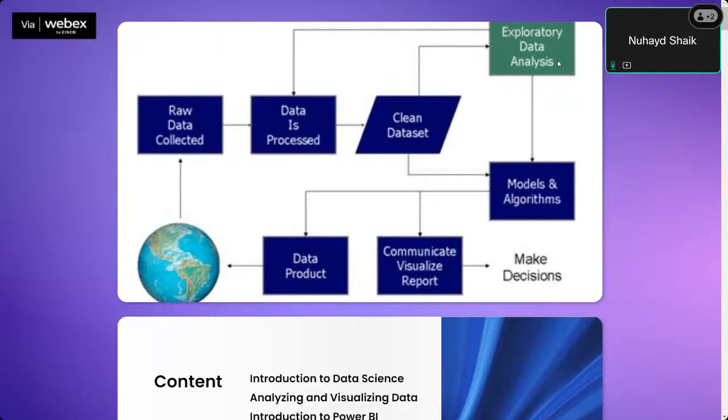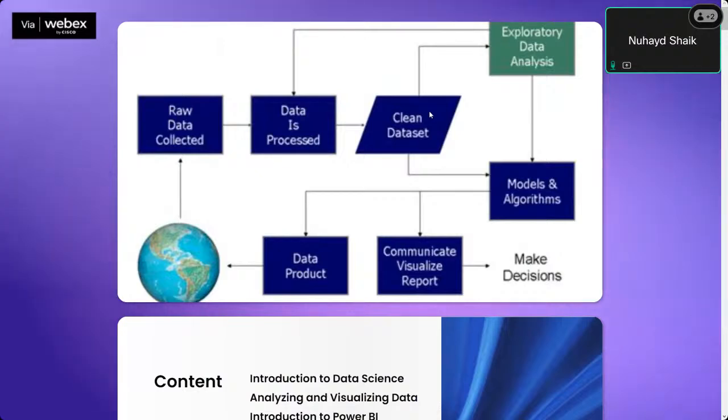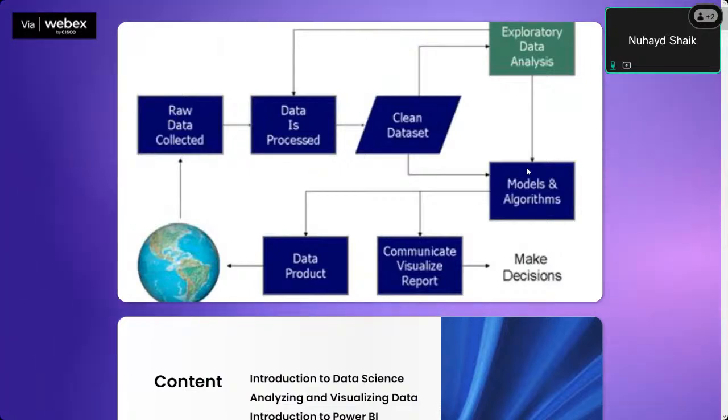As soon as you perform the analysis, you can either process the data again and go through the same step of cleaning the data set, or you can go to performing algorithms. All of you know what machine learning is doing these days, what artificial intelligence is doing.